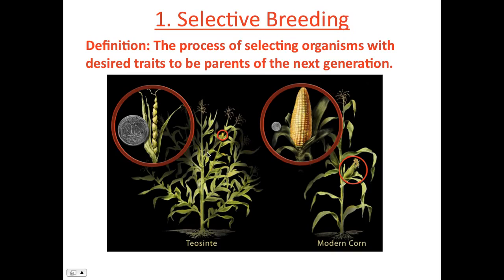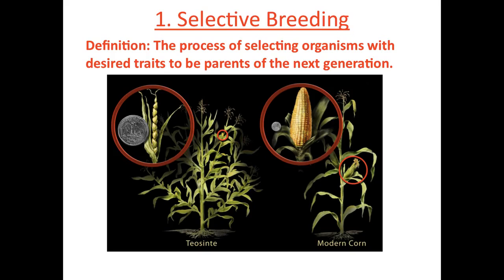And the way that this happened was primarily human selected, meaning that we took teosinte plants that produce larger than average cobs, and we bred those individuals together to increase the likelihood that their offspring would produce larger cobs.